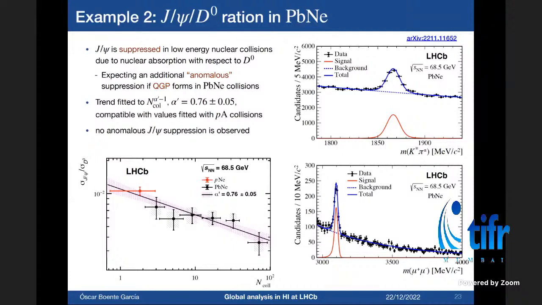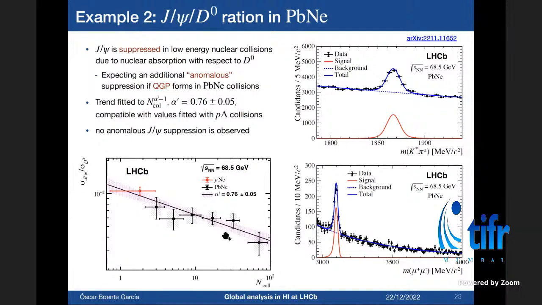Yes. So basically here we are looking at lead-neon collisions and proton-neon collisions. Here we are at low energies, and we know that there is a suppression of the J/psi production versus D0 when you go to a larger number of binary collisions, Ncoll.